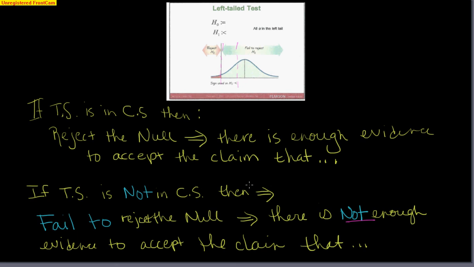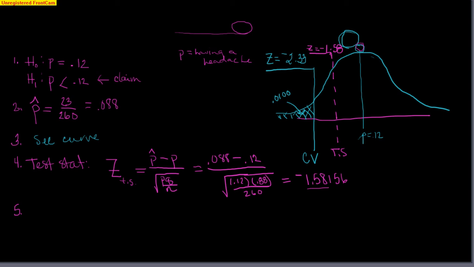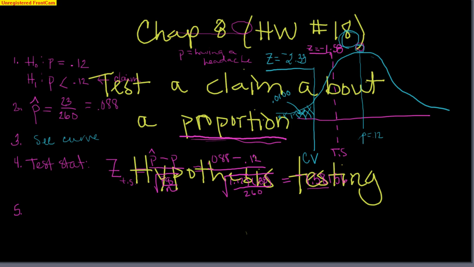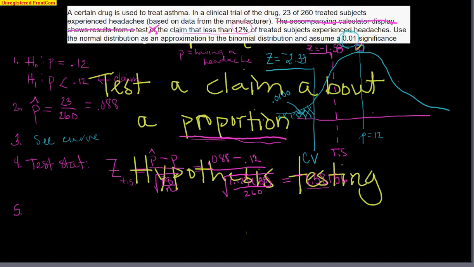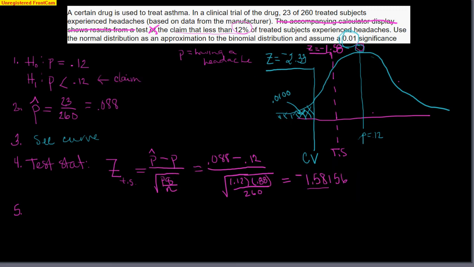All right, so what does that mean for our particular problem? Let's go back here to our problem, and let's open up layer 3 question. Okay, so for this particular problem, we have our test statistic not in the critical space.